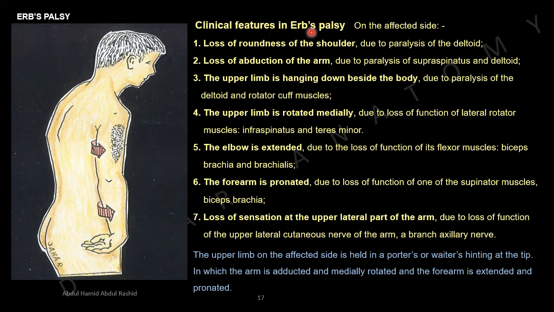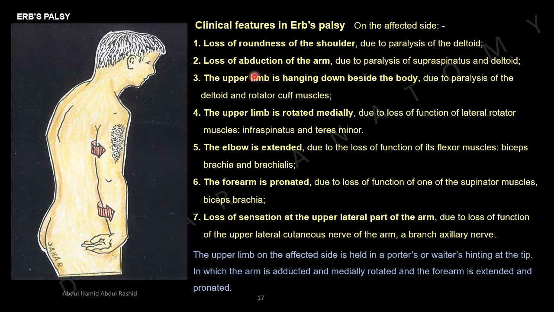Clinical features in Erb's palsy on the affected side are: number 1, loss of roundness of the shoulder due to paralysis of the deltoid. Number 2, loss of abduction of the arm due to paralysis of supraspinatus and the deltoid muscles.